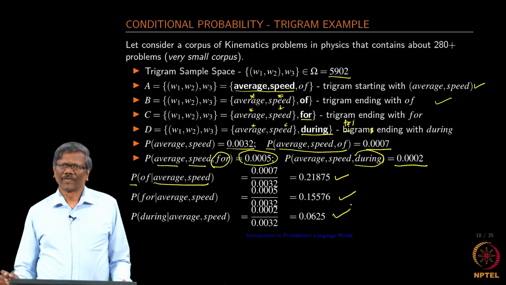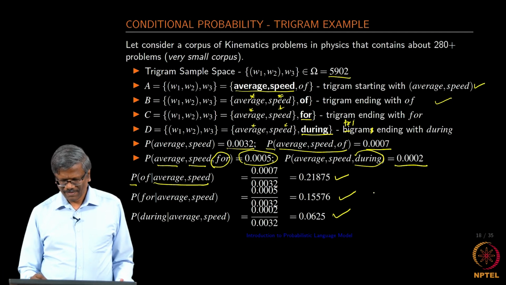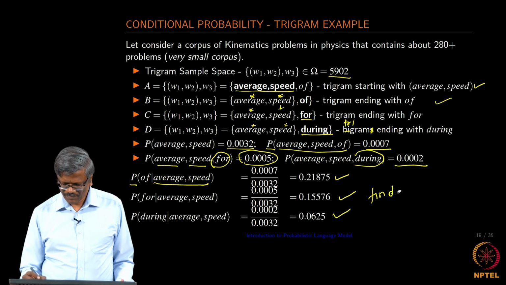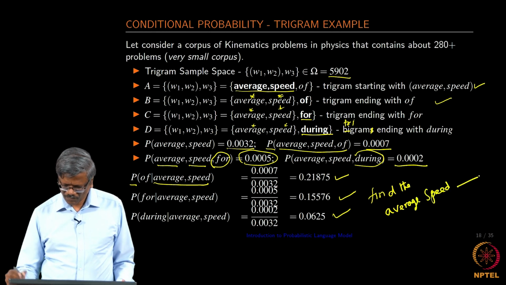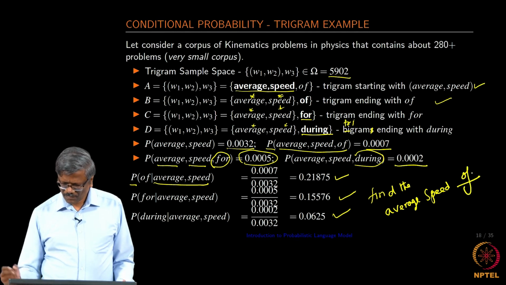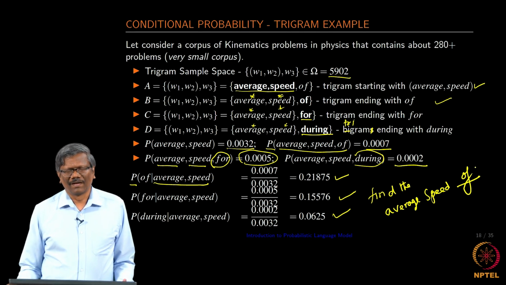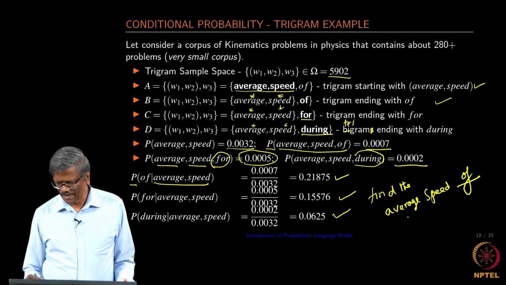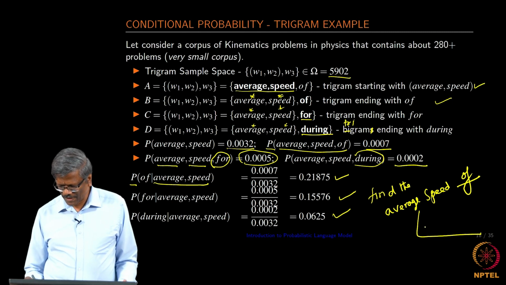So, now what would be the most likely sentence if you use average and speed? Okay. So, we can say that of is going to be the most likely to occur. Okay. So, if you draw the graph like we had seen in the earlier case, I am going to be using a bar chart.